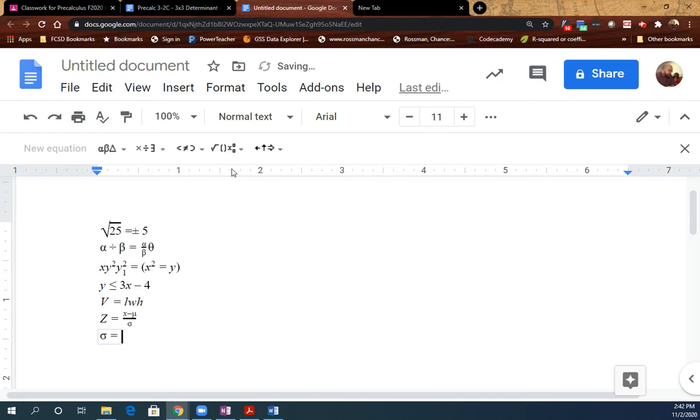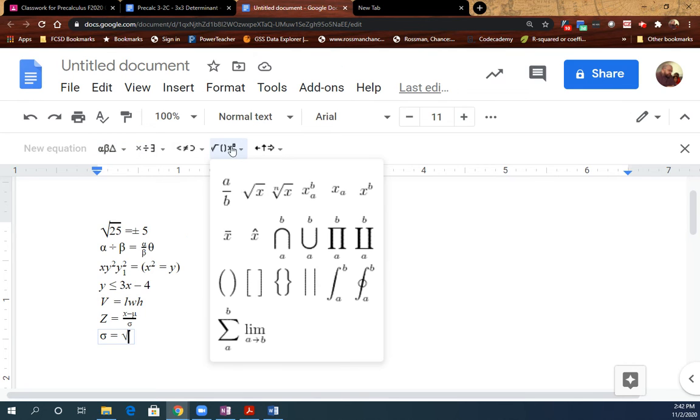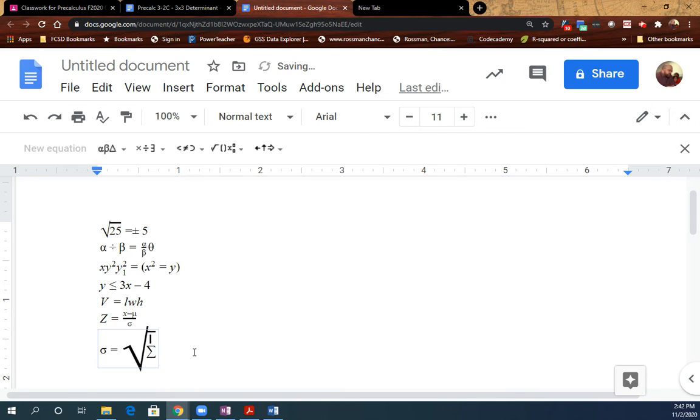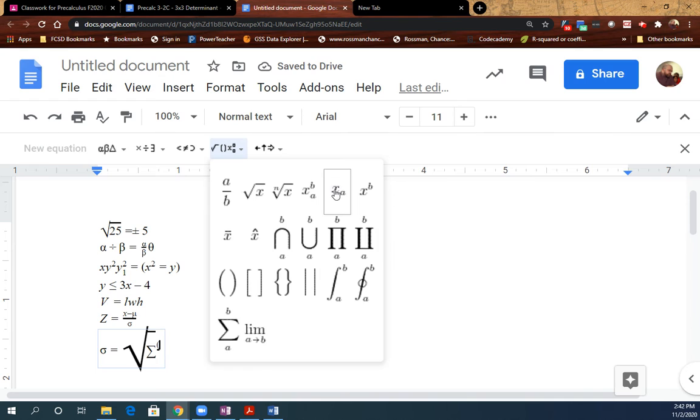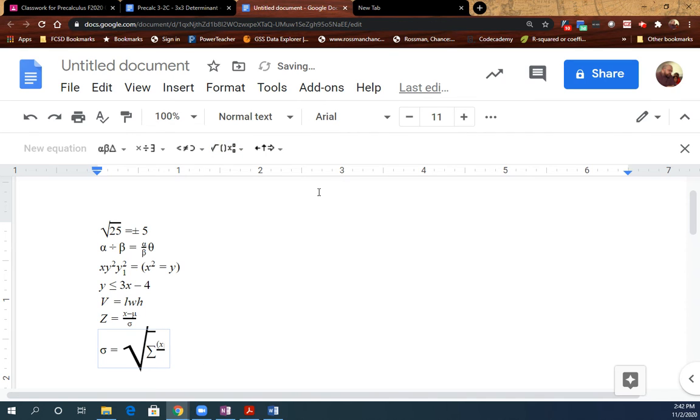Sigma is equal to the square root of, now we have this sigma, fraction, parentheses, x, I've got to do x sub i, right arrow, i, right arrow, minus x bar, in parentheses, right arrow, in parentheses, caret 2, right arrow, n. That's going to be a capital N.